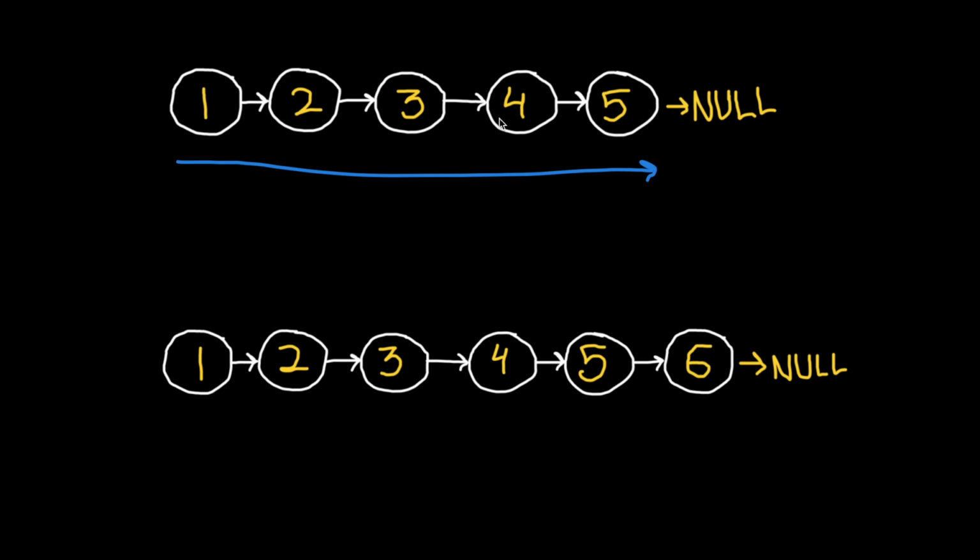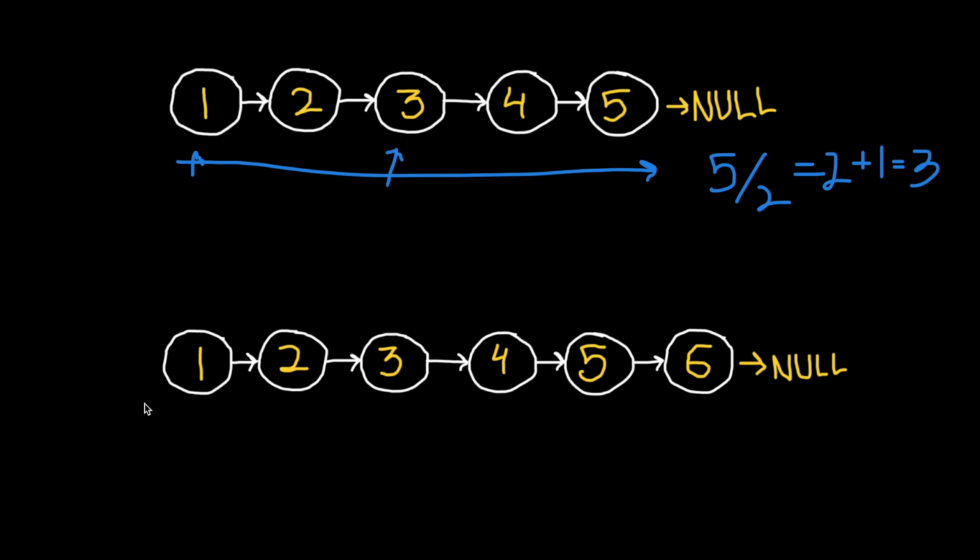At this point, when you iterate and increment your counter, you will find that the total number of nodes is 5. And when you divide it by 2, you will get 2, or the ceiling value would be 3. So now you know that you have to iterate till 3 to get the middle node. So that is 1, 2, and 3, right? So this will be your middle node.